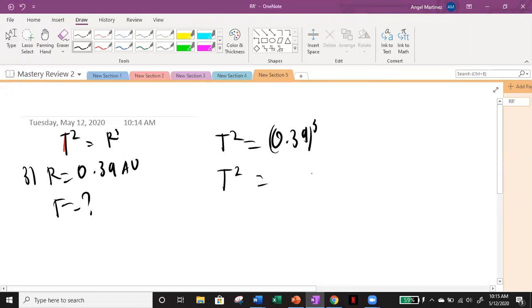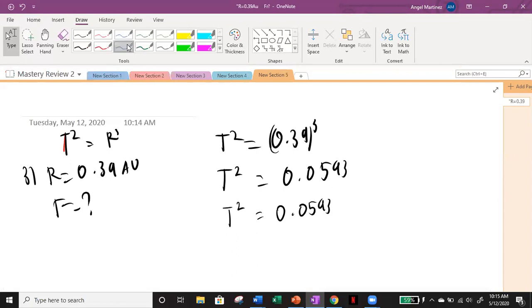Let's calculate that. If you use a calculator, that's going to be 0.0593. So how do you find T? This is not the answer. You have a squared here and need to take out the square. Let's write this again. T squared equals 0.0593. So what you have to do to get rid of this squared is just take the square root on both sides.